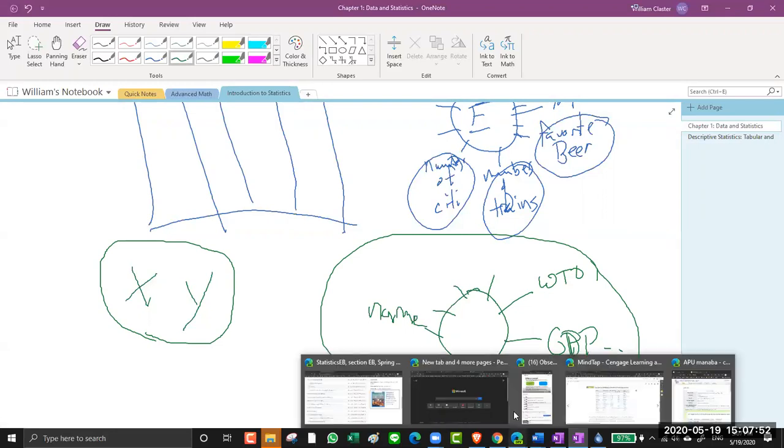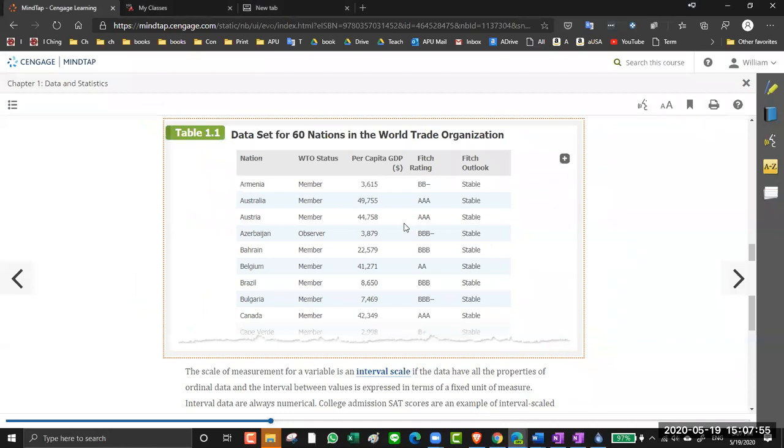So anyway, we have 4 variables, but somehow they're kind of different in some important way. What I mean by that is that per capita GDP is different than the other 3 in an important way. Of course it's different. It's not the same as WTO status, it's not the same as Fitch rating. So it's obviously different, but I don't mean that. There's some other way that it's different.